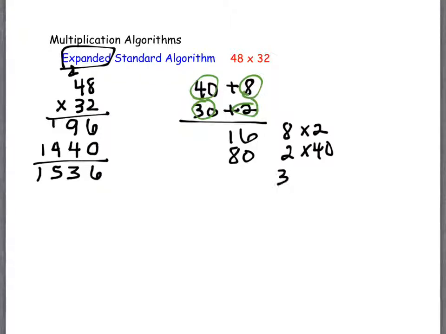And then we're going to multiply the 30 times the 8. And we're going to get 240, good. And the last one we're going to do is multiply 30 times 40, and we're going to get 1,200, yeah, 1,200.